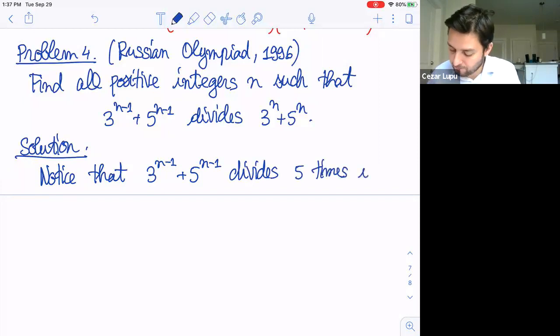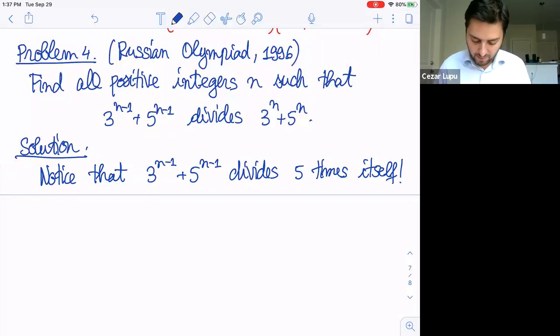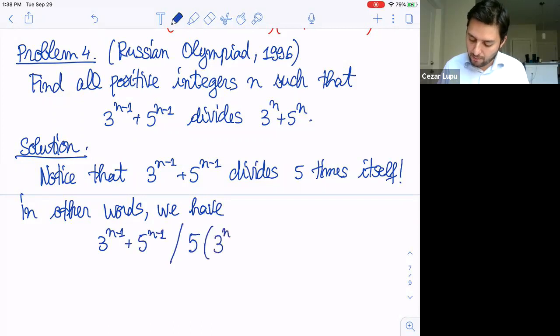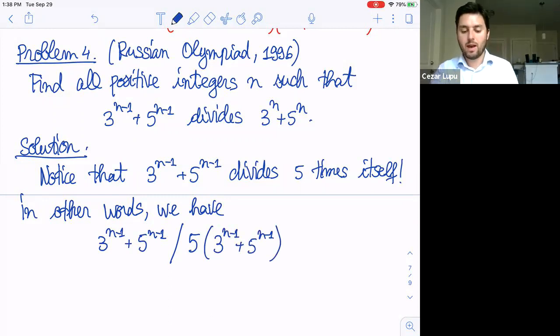Let me write it in words. That's the trick here. That's the main observation. So in other words, 3 to the power n minus 1 plus 5 to the power n minus 1 divides 5 times 3 to the power n minus 1 plus 5 to the power n minus 1. So it's 5 times the number itself, right? Okay, so we have this.